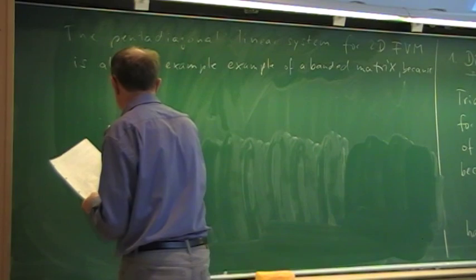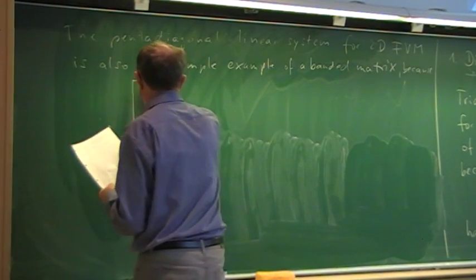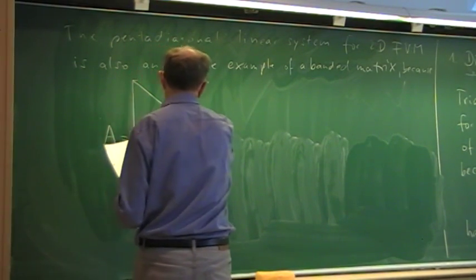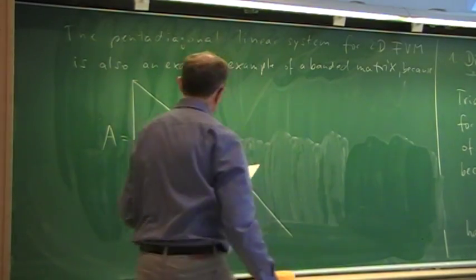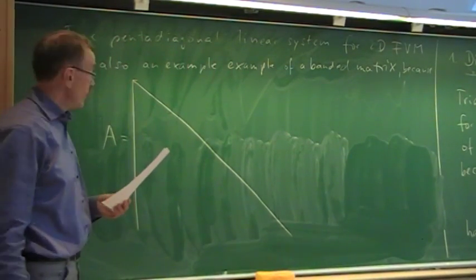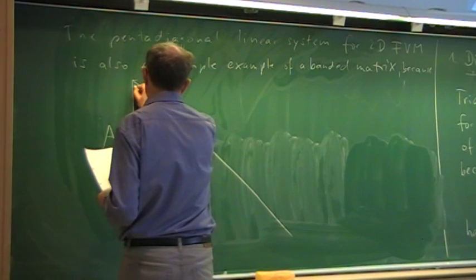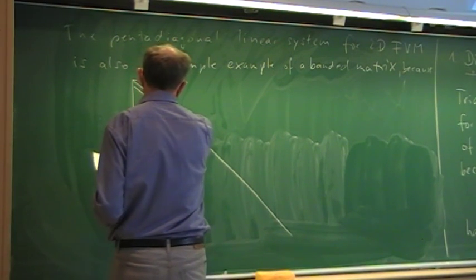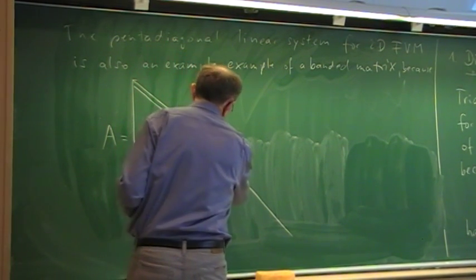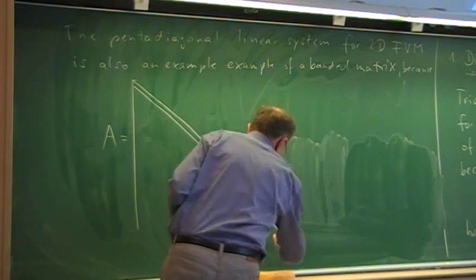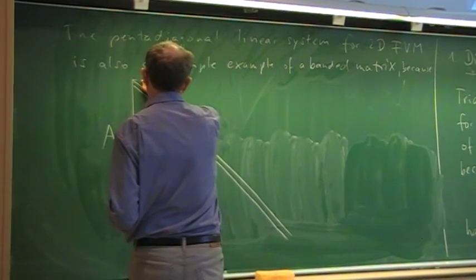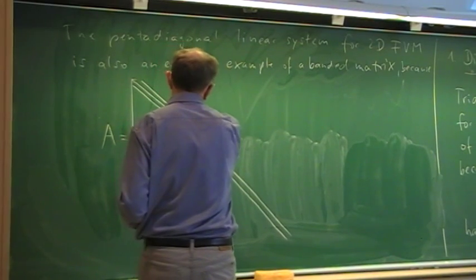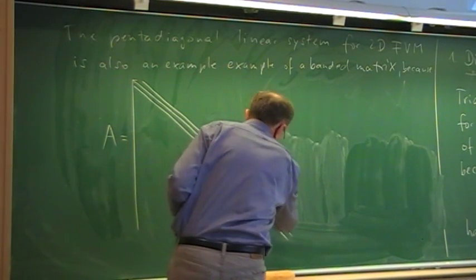A is equal to, and here we have our diagonal that will contain our AP coefficients. Here we'll have the subdiagonal that will contain the minus AW coefficients. And here the diagonal containing the minus AE coefficients.